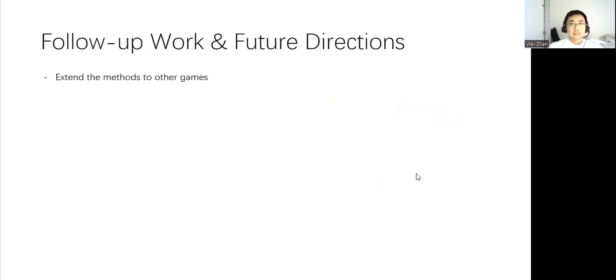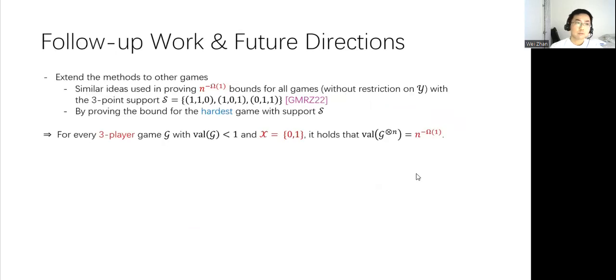Okay, so now let's briefly discuss some follow-up work and future work. The obvious question you ask is, can we extend these completely new methods to other games? And we kind of did. In a follow-up work, we used similar ideas to prove a polynomial bound for all games with this 3-point support, and thus complete the case analysis.